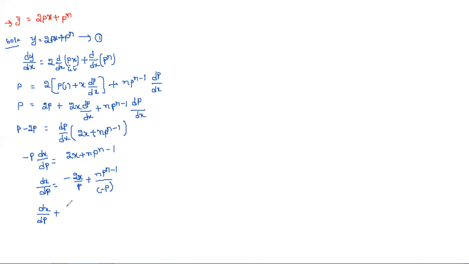So plus 2 by p into x is equal to minus n into p power n minus 1, and take this p into the denominator, it changes to minus 1. Then dx by dp plus 2 by p into x is equal to minus n into p power n minus 1 by p. That is simply what we'll get, p into p power n minus 2, because here minus 1, minus 1 is minus 2.